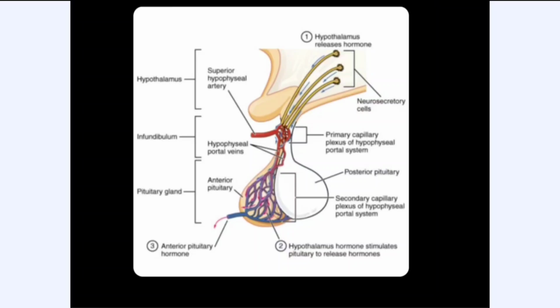We have learned the hypophyseal portal system in the previous video. Now these hormones, through the hypophyseal portal veins, come into the secondary capillary plexus of the hypophyseal portal system. From the secondary capillary plexus, the hormones act on the anterior pituitary and make it secrete the pituitary hormones.